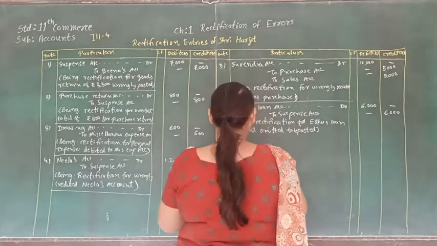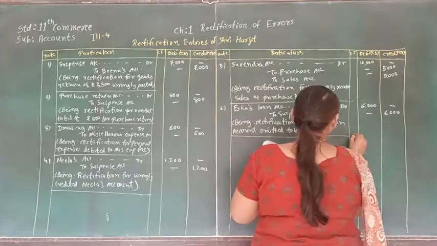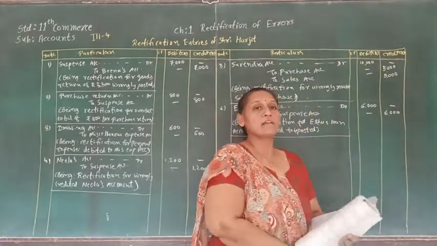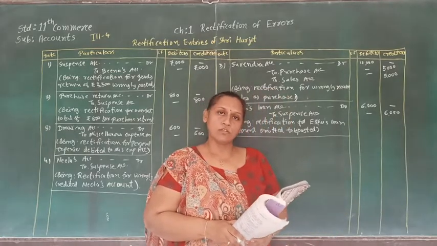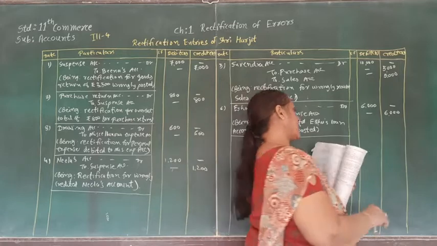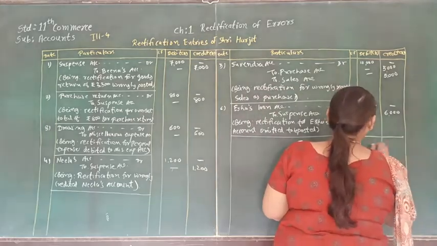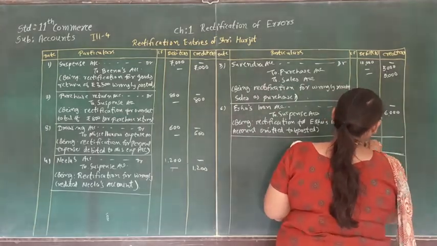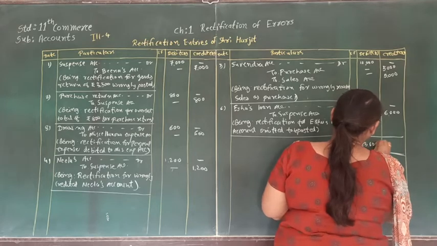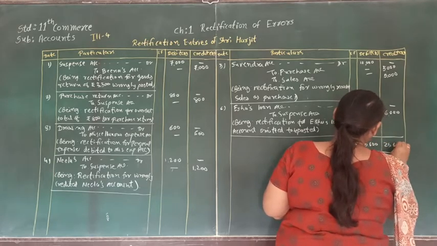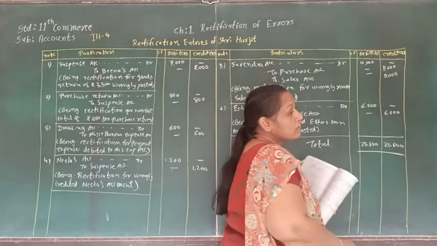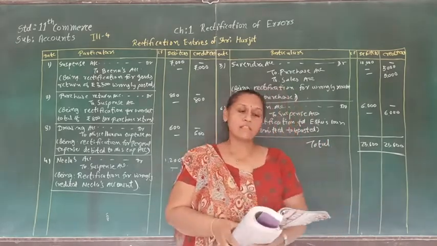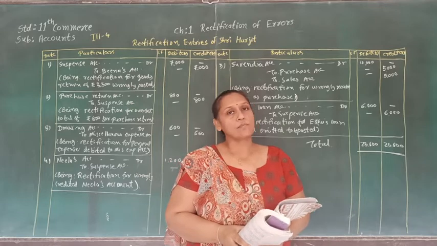So here we can see that all the transactions are finished. Now let's make the total of the journal. So here you can see that the total of the journal is 25,600. So students, you may note down this, then we are going to prepare the suspense account.